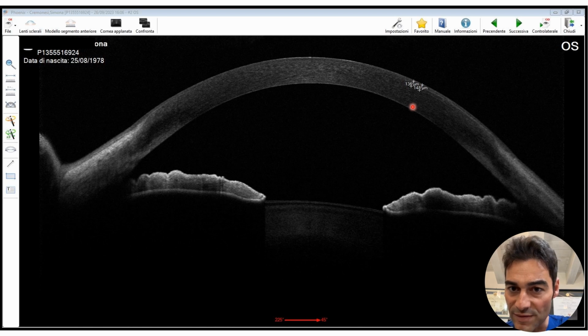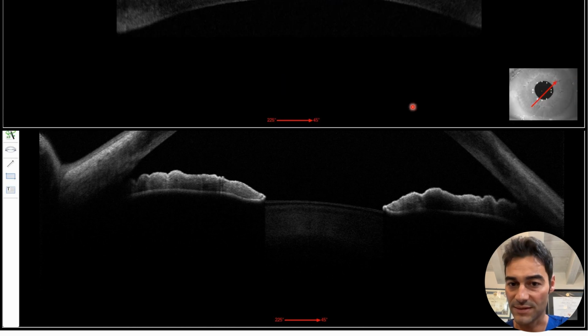The initial flap thickness was 100 microns, but here the flap was 148 microns because of the remodeling of the epithelium on top of it.